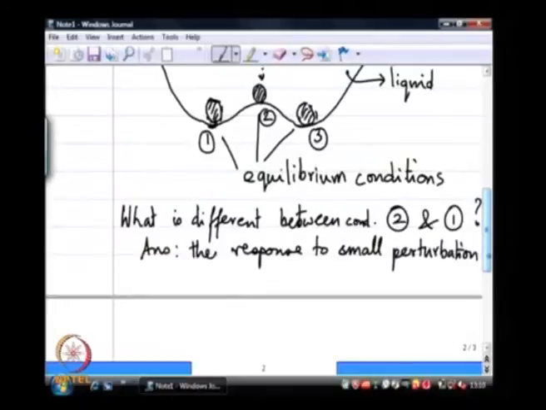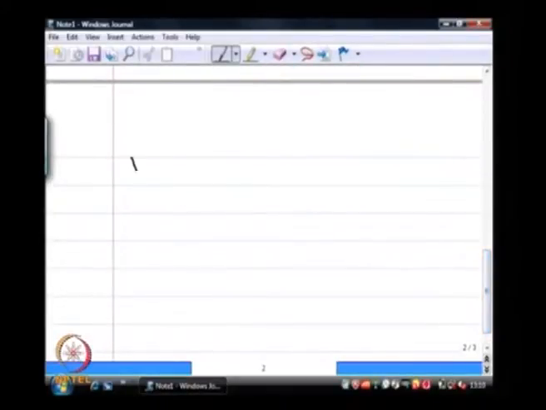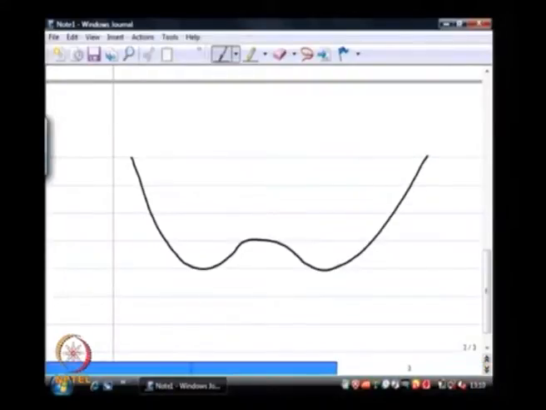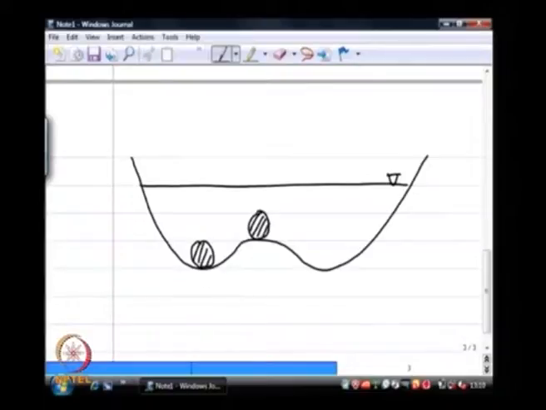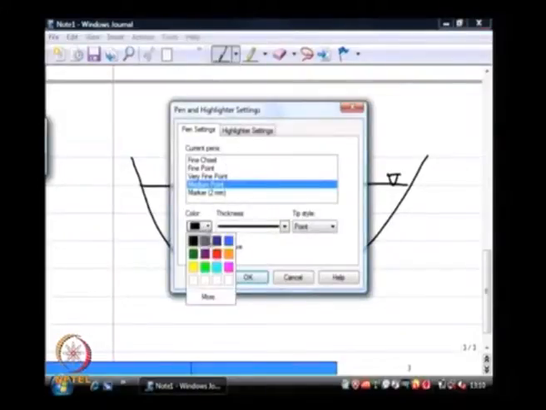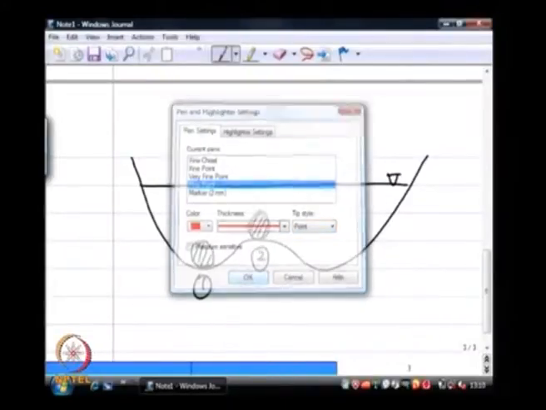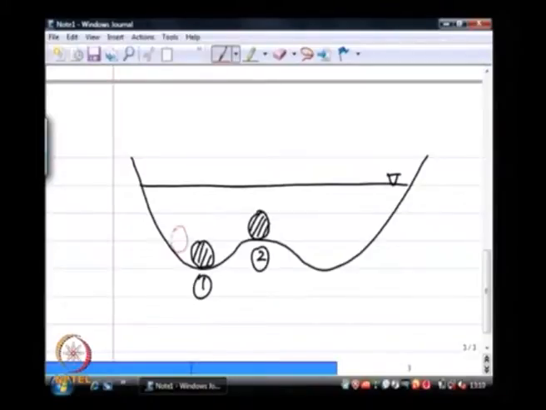If I took a ball at condition 1, and I will redraw the figure here just for clarity, if I displace it slightly, what the ball will do is essentially trace its way back towards the equilibrium condition 1.